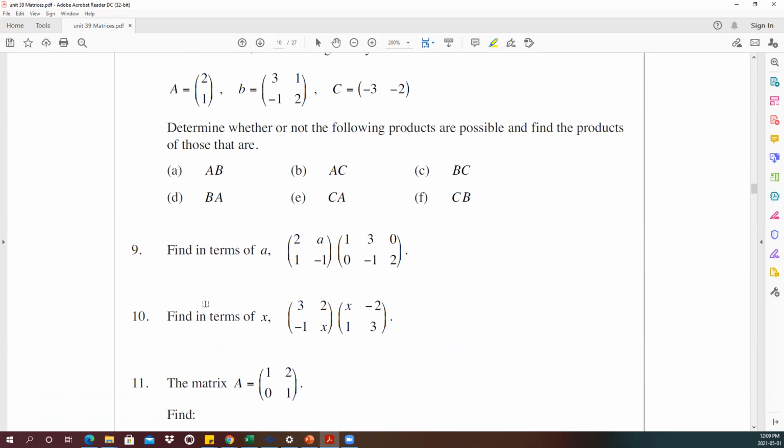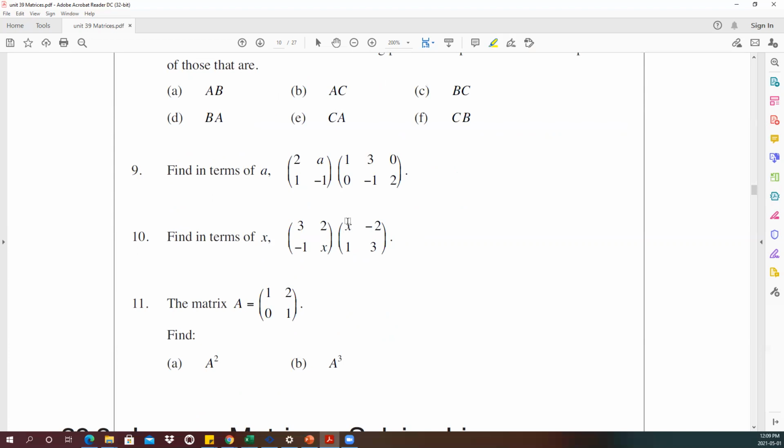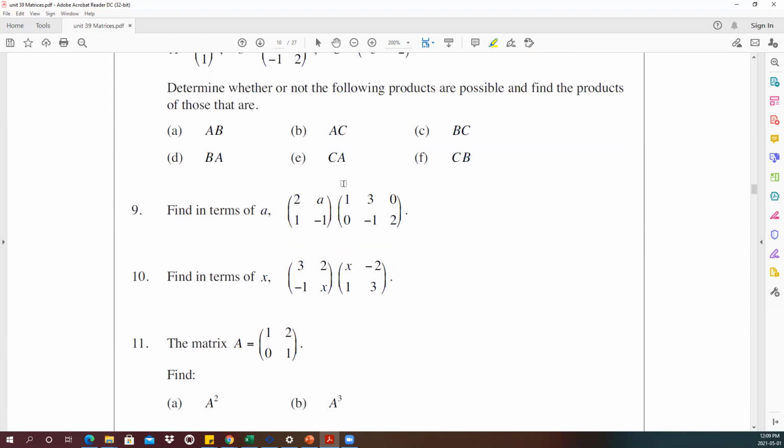Right. So I like how this looks. Check this out. So find in terms of A, right? This matrix right here, find in terms of X, this matrix. So things are warming up here. I like this. Even this one too. So we can try which one I should leave. This one may take a little while because you have some extra multiplication. This one, I can try this one with you guys.